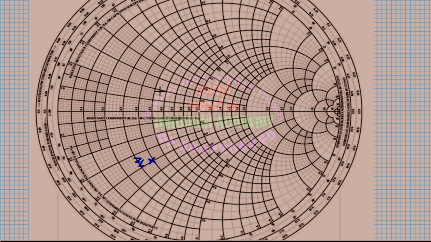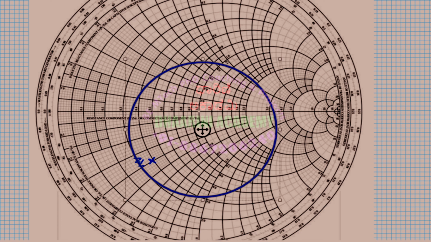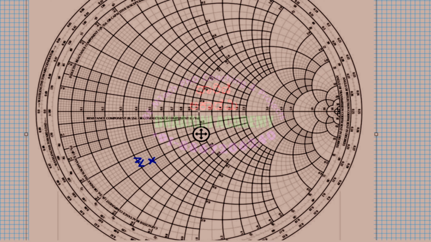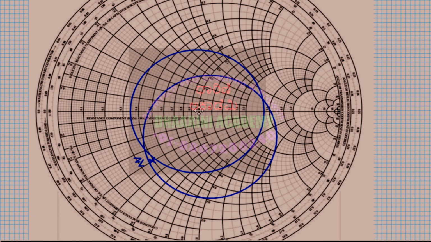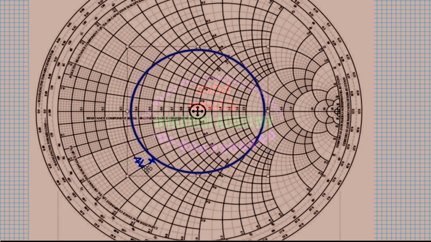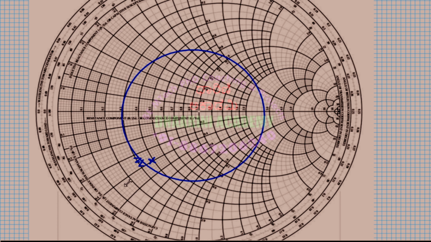I'll try to draw a circle over here. Okay, approximately this is how the circle looks for me.